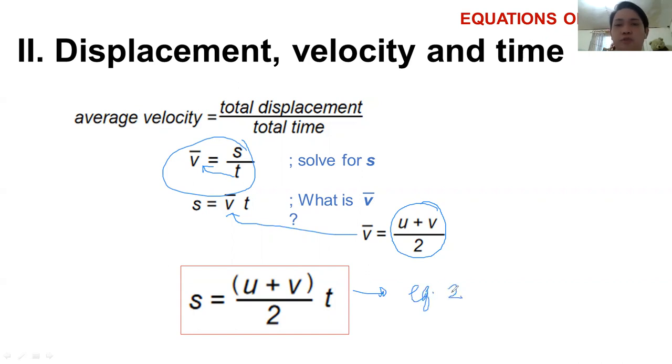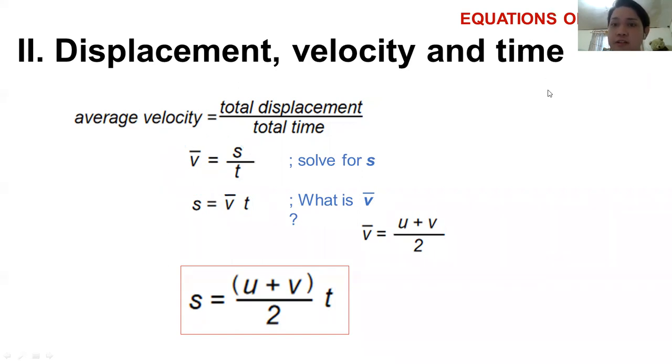Equation 2 gives us the idea about displacement, wherein there is also a velocity and time relationship. So this is equation 2 for the equations of motion.